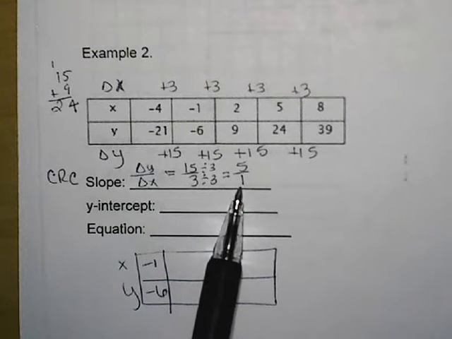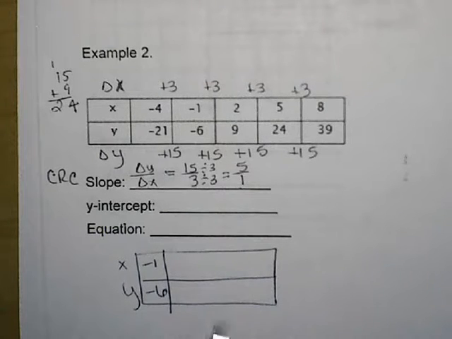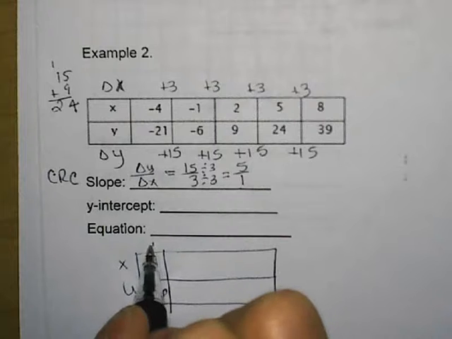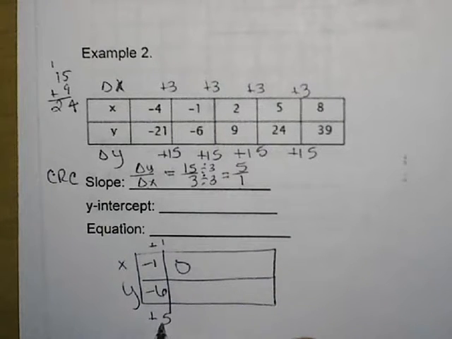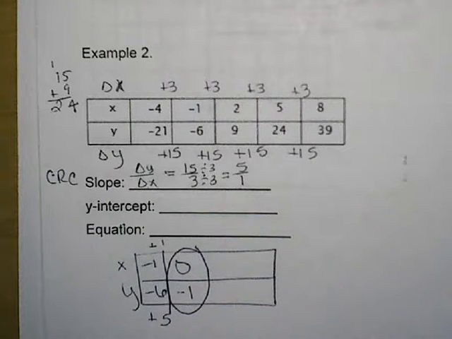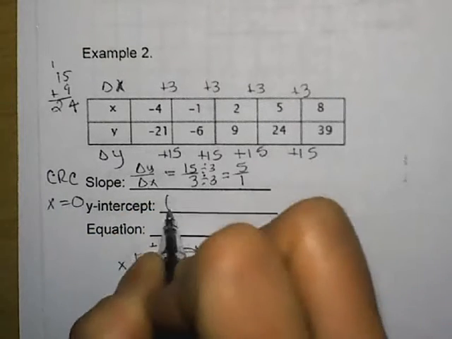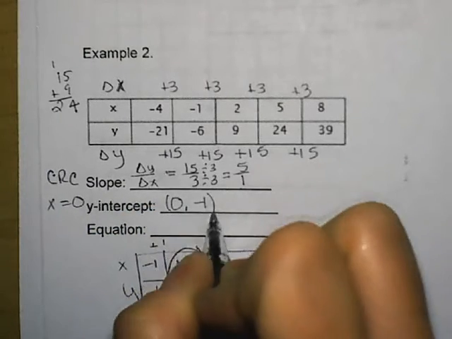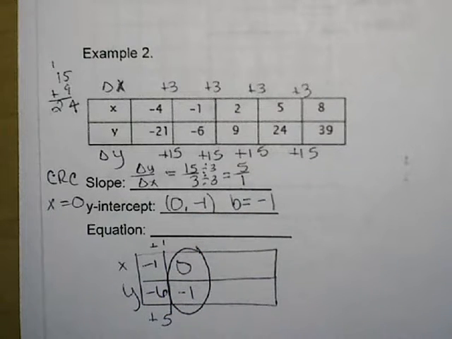Remember, the change in x is 1 and the change in y is 5. So I'm going to add 1 and add 5. If I add 1, I get 0. If I add 5, I get -1. You can use your slope to determine the y-intercept. So now we know the y-intercept is (0, -1), therefore b is -1.